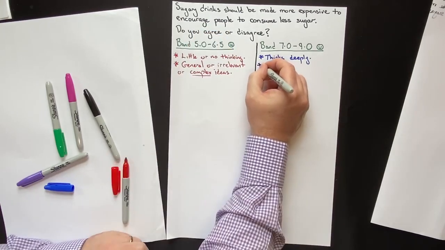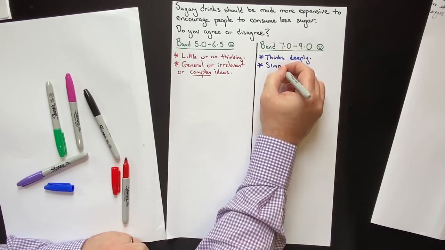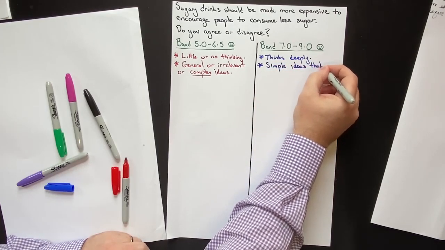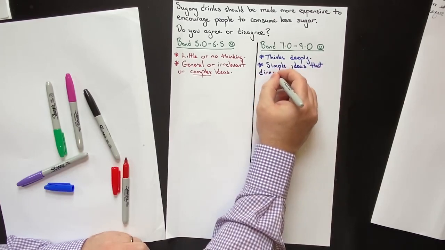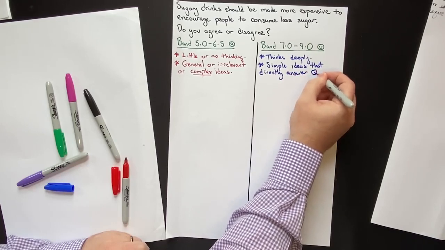The Band 7, 8 and 9 student, what they do is they generate simple ideas that directly answer the question.